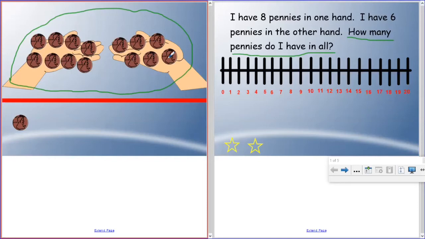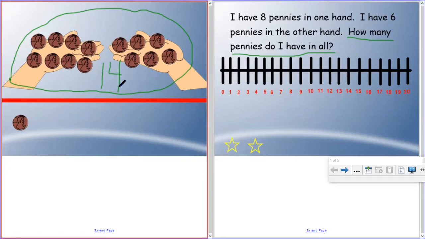Let's write the number that represents the total amount of pennies. A 14 is written with 1 in the tens place to represent one group of 10, and then a 4 in the ones place that represents 4 more in the ones place. 10 and 4 more is 14.